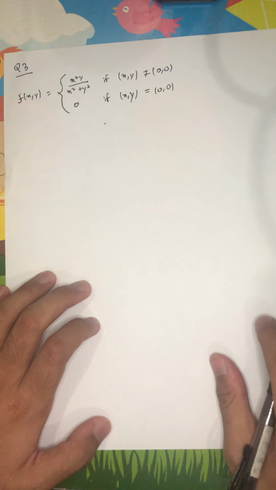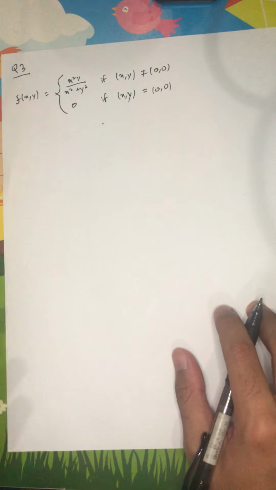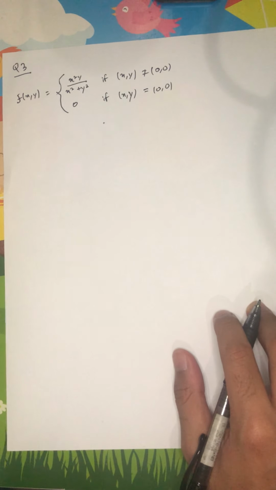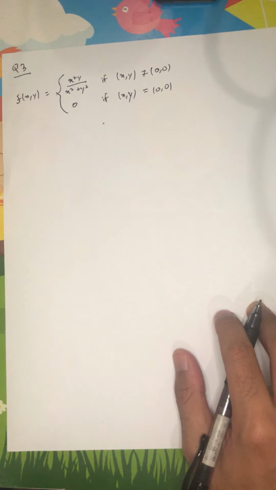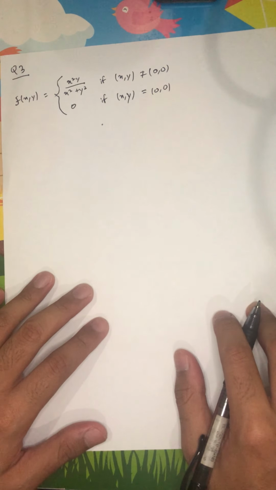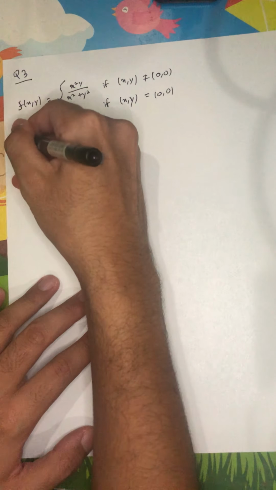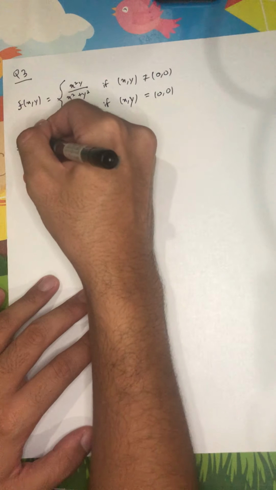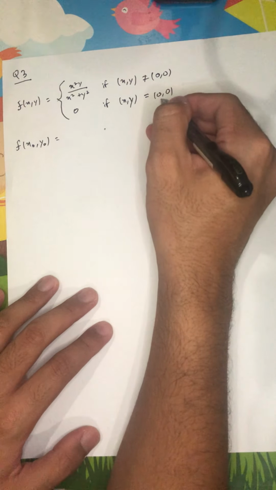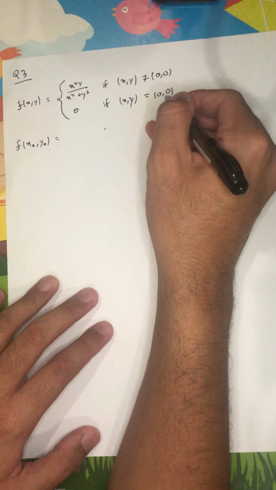Okay, let's check the first condition, which states that f(x naught, y naught) is defined, right? So what is your x naught and y naught? Your f(x naught, y naught) is at x and y equal to 0, 0.